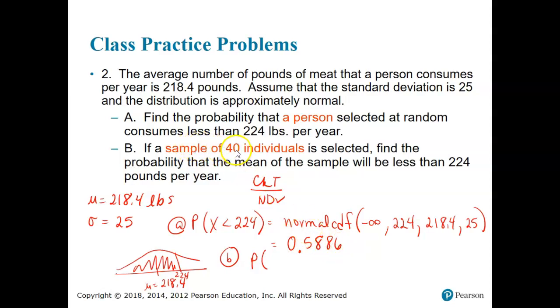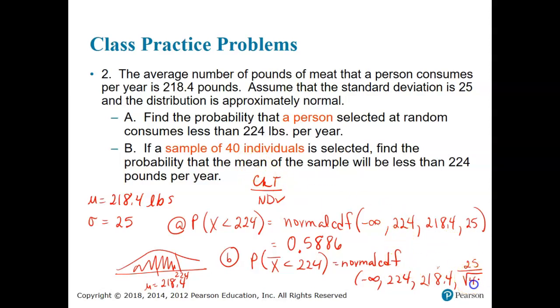The next one, we want a sample of 40 individuals to be selected. Find the probability that the mean is less than 224. So this one, we're going to have x bar is less than 224. So that's going to be a normal CDF of negative infinity to 224 with a mean of 218.4, and our standard deviation on this one is going to be 25 divided by the square root of our sample size.